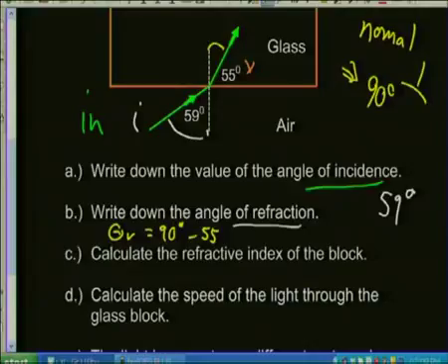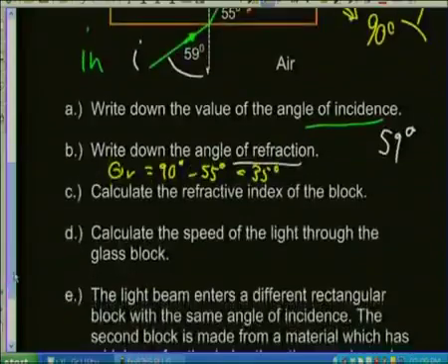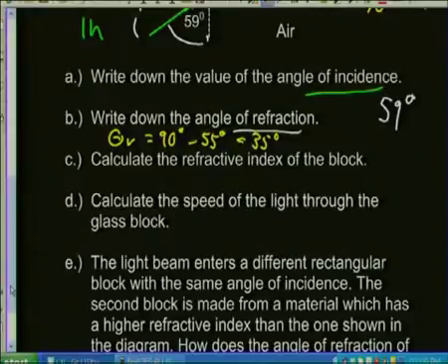To get the angle of refraction, which I'm going to call theta r, we're going to say it's 90 degrees minus 55. If you recognize that very easy calculation, it's going to be 35 degrees. Make sure you've got it. If you're not sure about the arithmetic in your head, use a calculator and check it, but I'm not going to do that right at the moment.